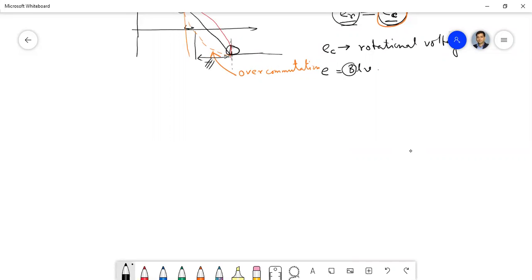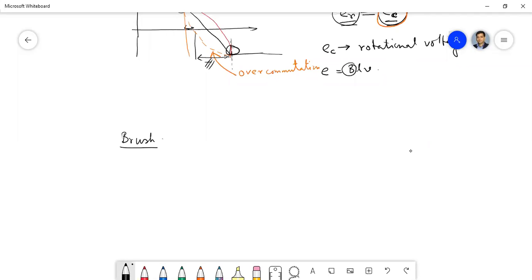Now, for this brush, we use very high resistance carbon brush. Okay, you know already that the material which you use for the brush, it is not that brush which we use in the morning for our teeth.